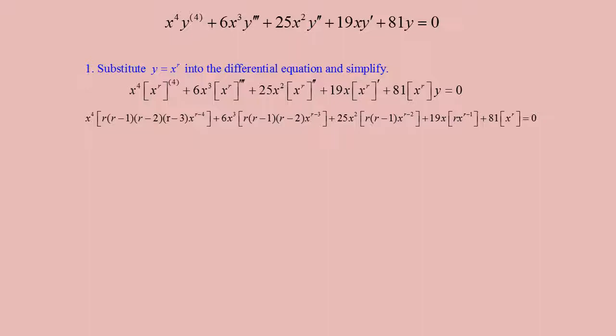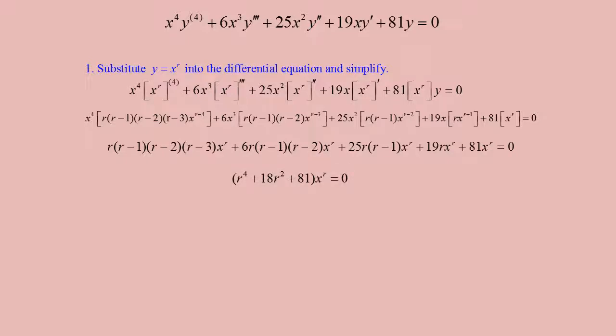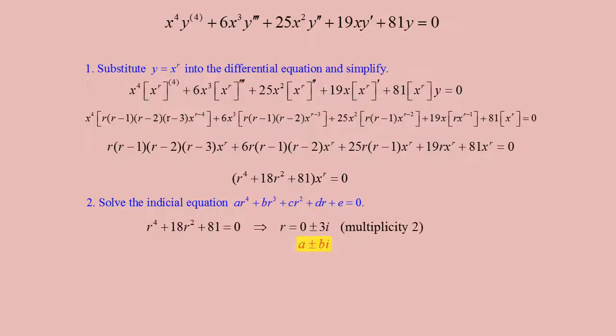And again, all those substitutions, all of the algebra, multiplying things out, collecting terms, and simplifying, we get the indicial equation r to the fourth plus 18r squared plus 81, which again we need to solve to get the 4 solutions. We actually have 2 solutions, r equals plus or minus 3i, which occur twice.